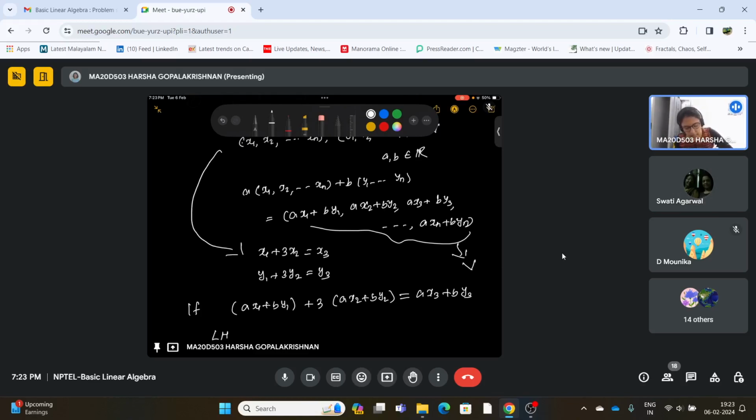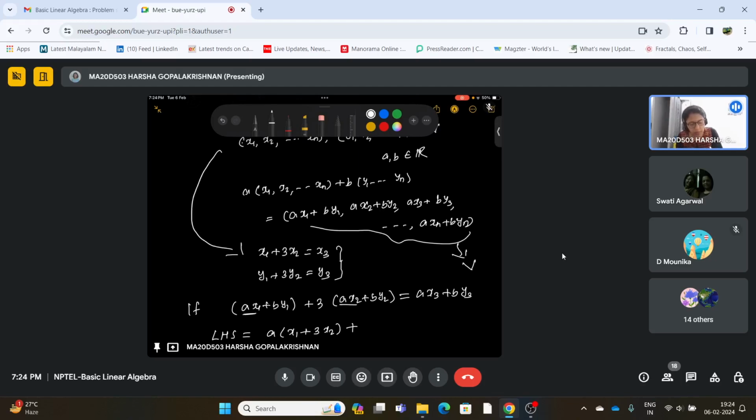Now what is the LHS? If we are taking a outside, see, x1 plus 3x2. Sorry, a I am taking from here. So what we will get is a(x1 plus 3x2), just the rearrangement, because this is the condition we already know.